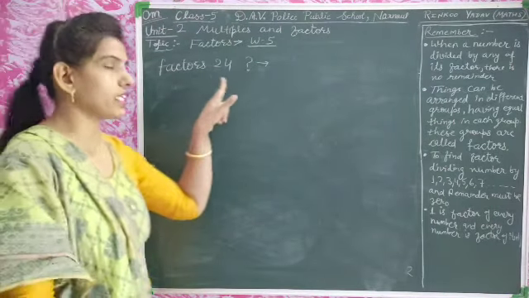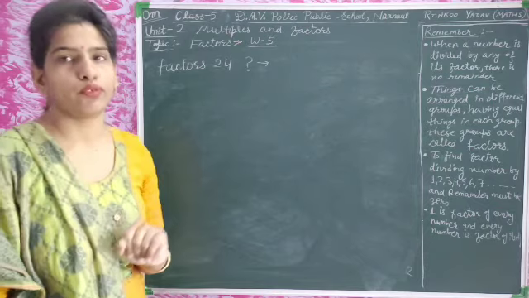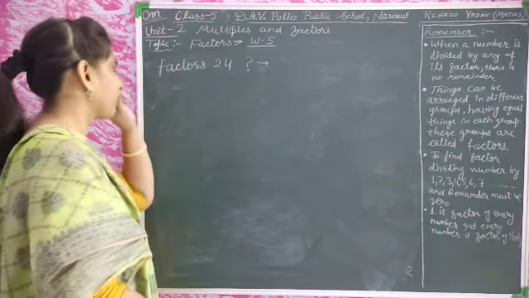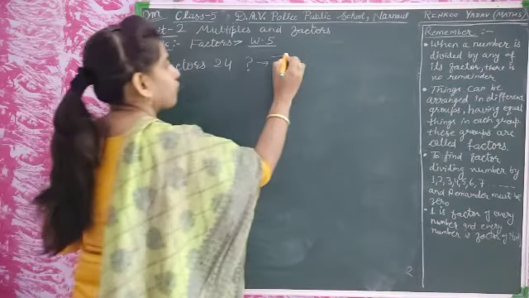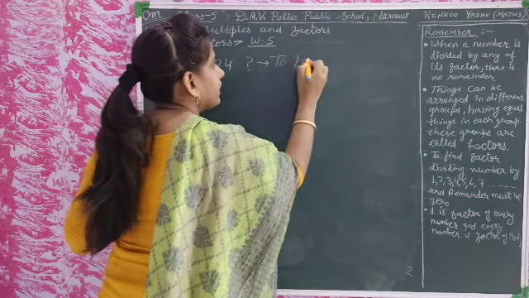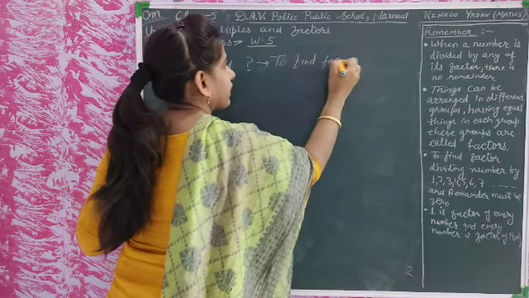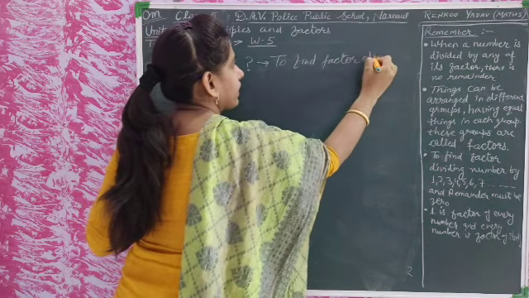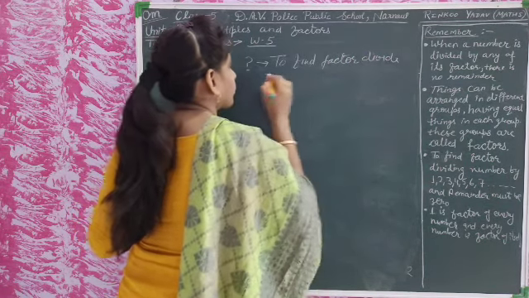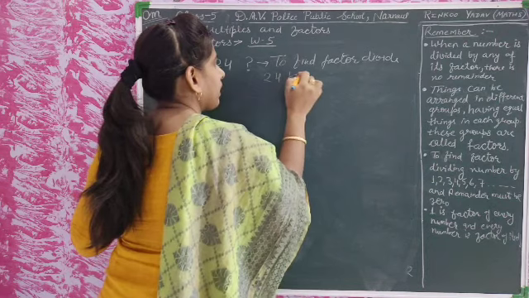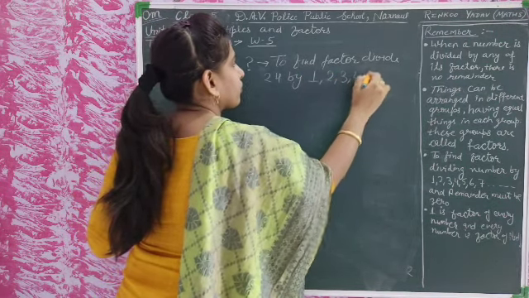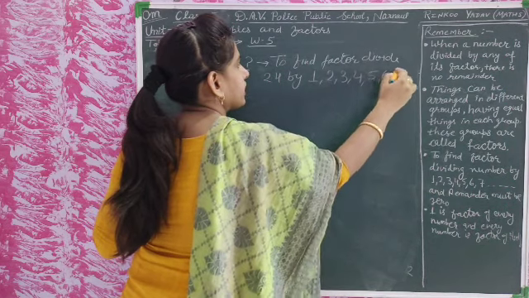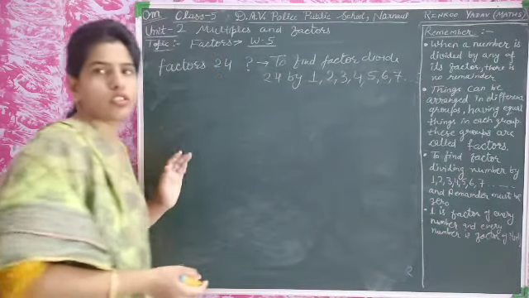Now we will check the factors of 24 here. To find the factors, we will divide 24 by 1, 2, 3, 4, 5, 6, 7 and so on.